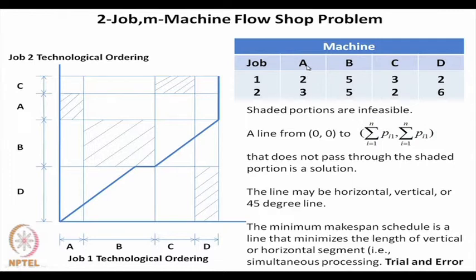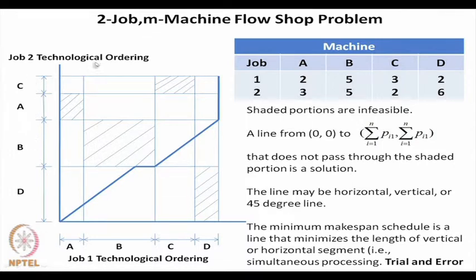Suppose there are 2 jobs, job 1 and job 2, and each job has the same sequence A B C D. I am sorry, the technological ordering, the sequence of operations for job 1 is A, B, C and D, and for job 2 the sequence is D, B, A, C.